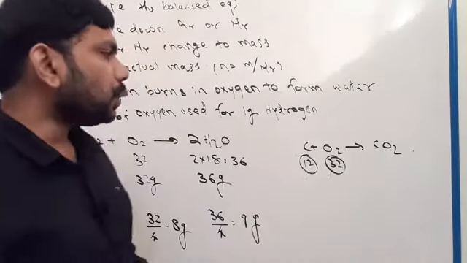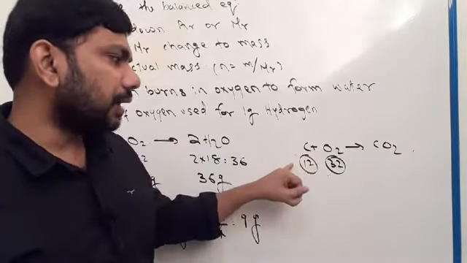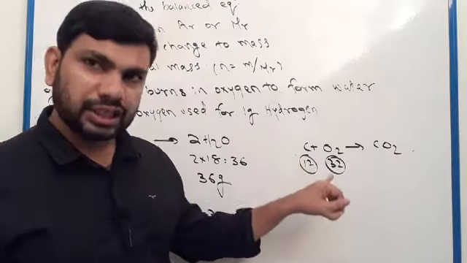Clear? So first step, we write the balanced equation, then we write the relative atomic mass or relative molecular mass.